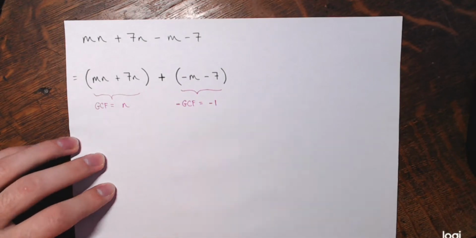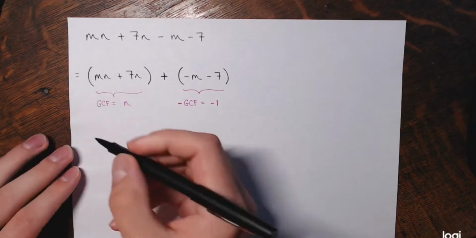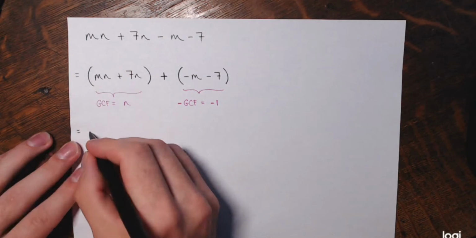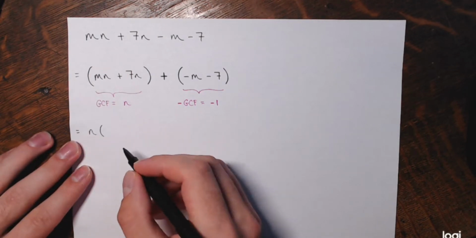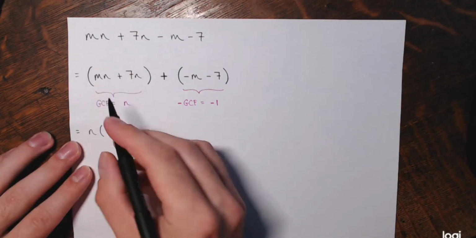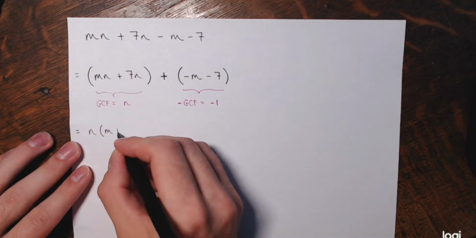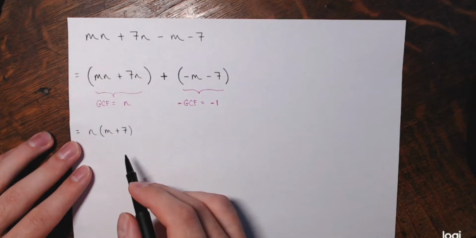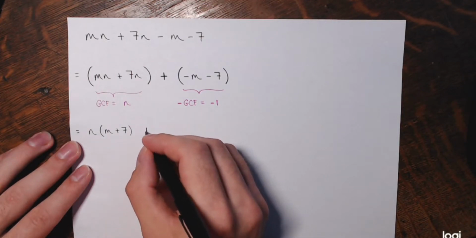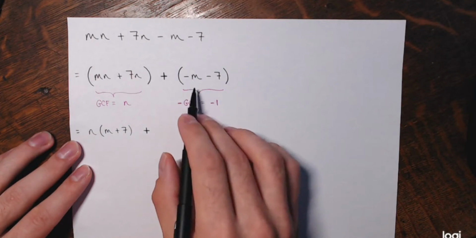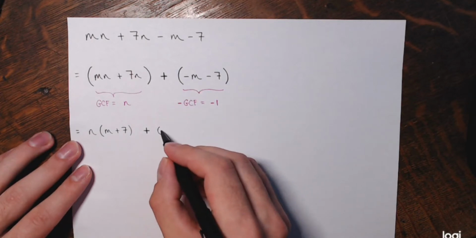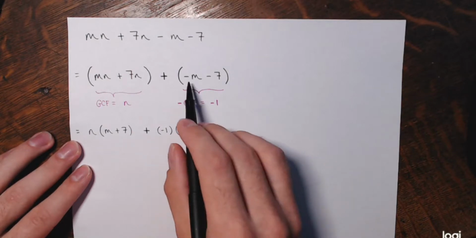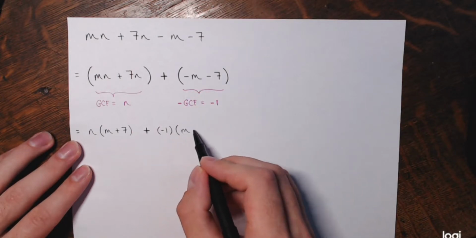I'm going to be pulling out negative 1 from that second group. So factoring the first group, we pull out the common factor of n, and the factor remaining when I do that would be m plus 7. So this first group is n times the quantity m plus 7, plus, and then I'm pulling out the factor of negative 1 from this second group, and what's left over would be the quantity m plus 7.